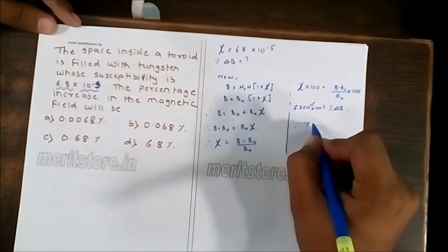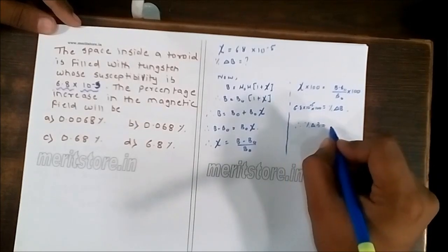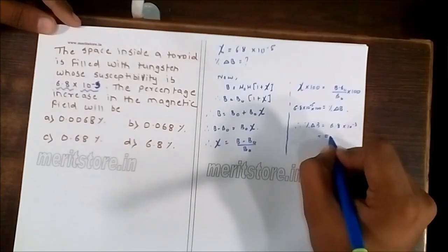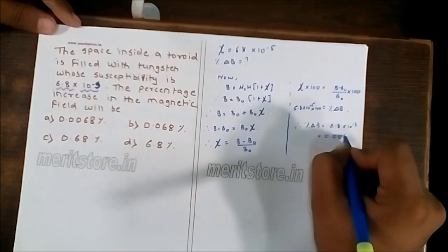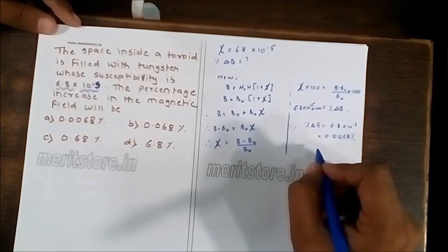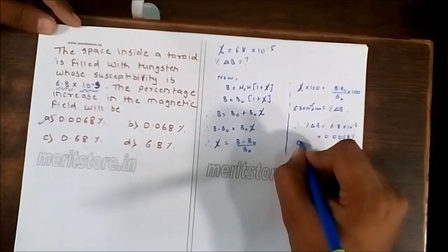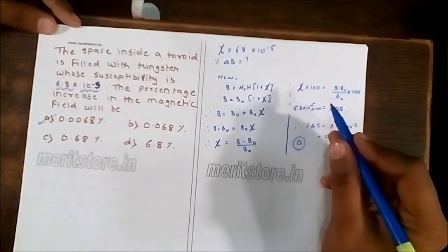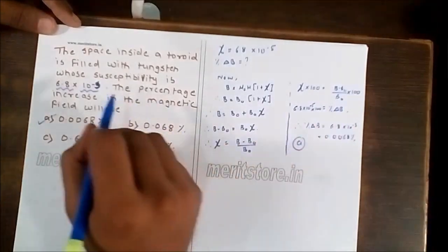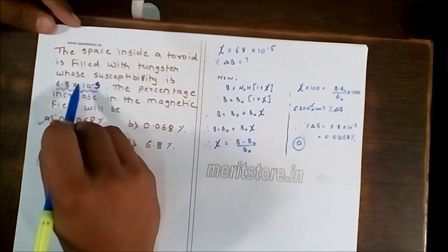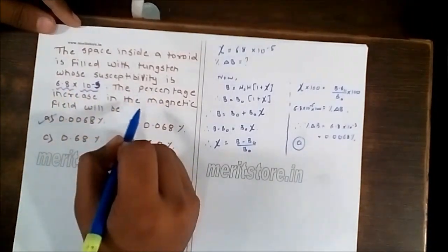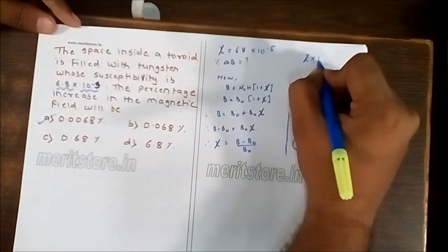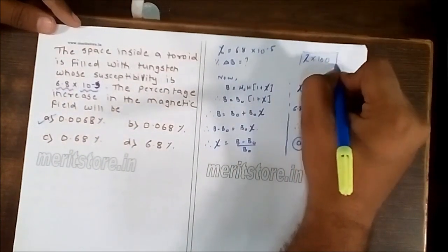So therefore percentage change in delta B is equals to 6.8 into 10 raised to minus 3, which is 0.0068%, and the option is A. Now the shortcut in this problem is, whenever you get such a question where only susceptibility is given and percentage increase or decrease in the magnetic field has been demanded, you can directly multiply susceptibility by 100.